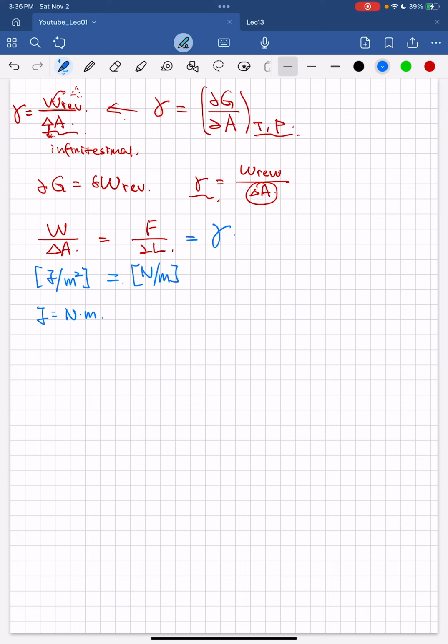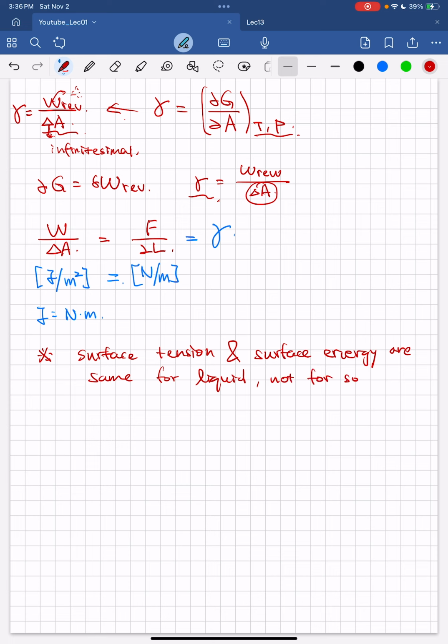For solid, it's different. This is very important. Surface tension and surface energy are the same for liquid, not for solid.